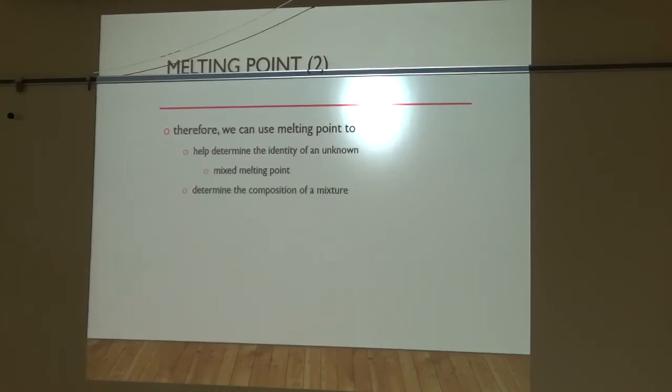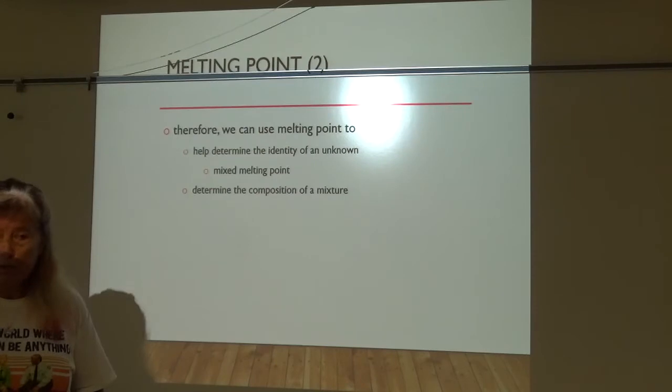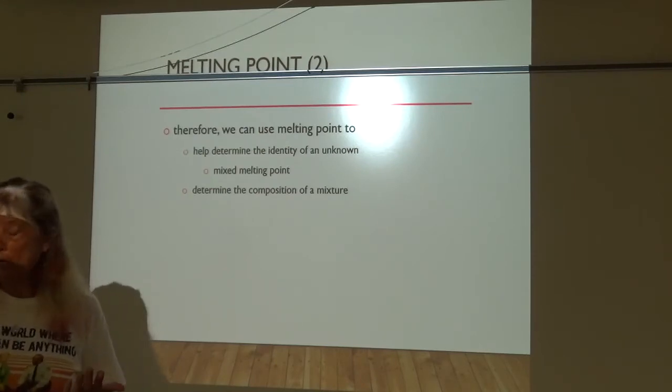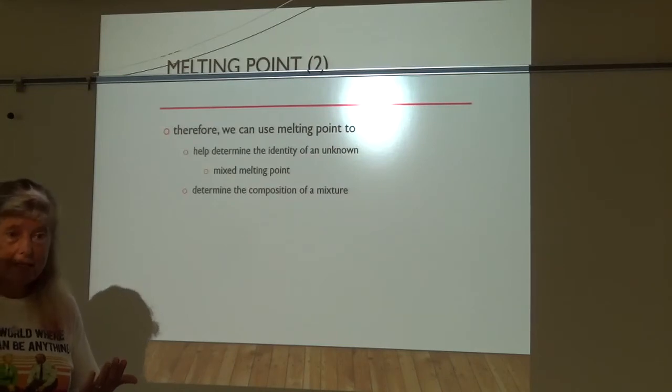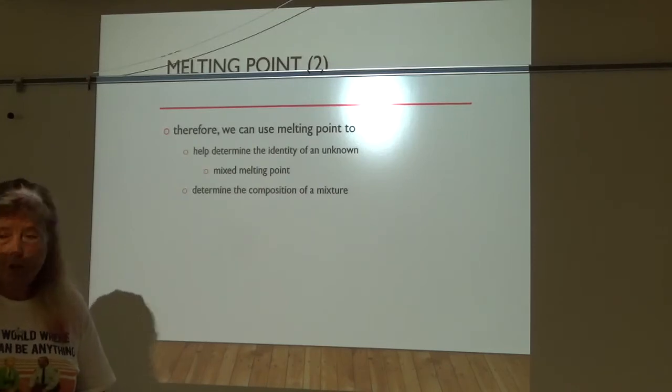You can also use melting points to determine the composition of a mixture, which is what you're going to be performing today. One person is going to be determining the melting point for diphenylphthalate, one person is going to be determining the melting point of salicylic acid, and a number of you are going to be determining the melting points for mixtures of those two things together.